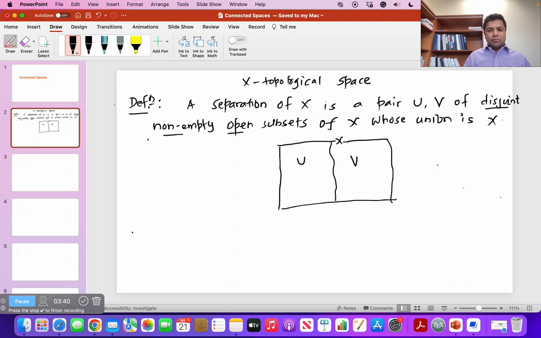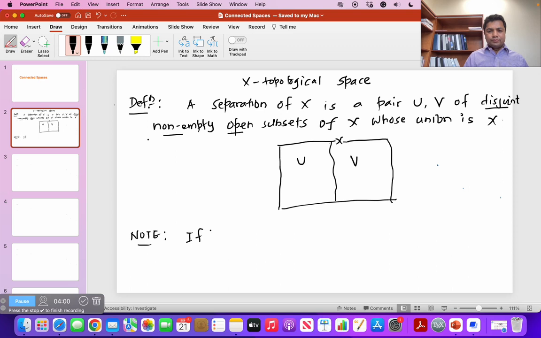Let me add a couple of notes. Let's say if U and V, this pair, is a separation of X, then they satisfy certain properties. Now let me list those properties here.